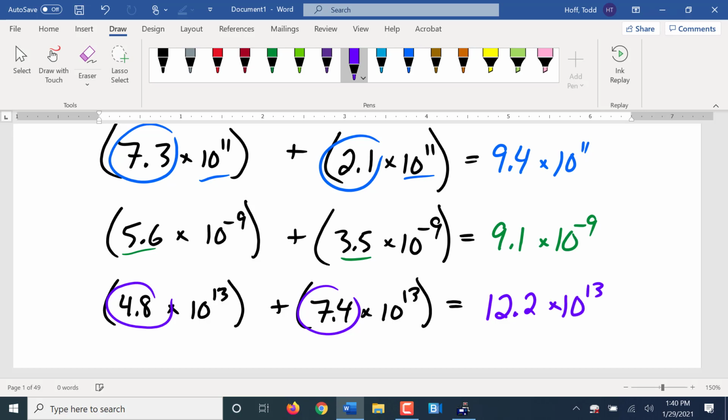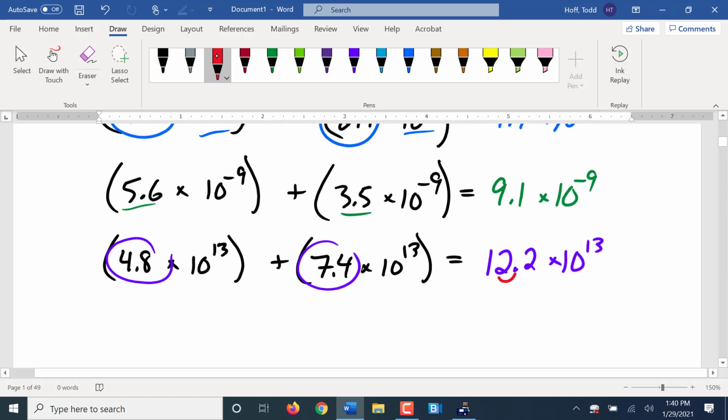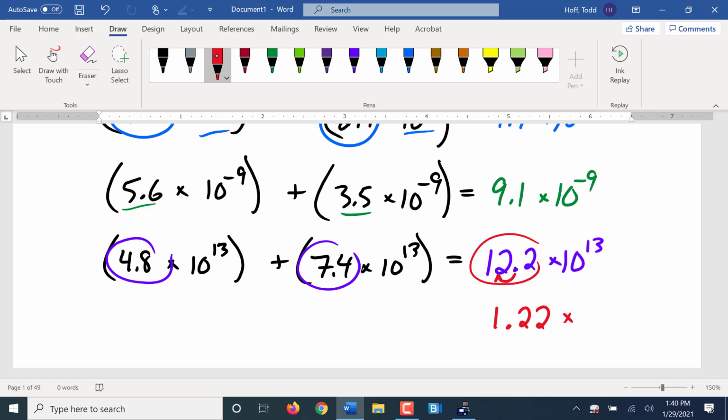We still keep the same name. However, when we get to this point, we see that there's a problem. Scientific notation can only have one digit in front of the decimal point. We have 2 right now. So we have to move that over to make it 1.22. This number got smaller by 1 place value, so our power of 10 has to do the opposite. It has to get larger by 1. So 13 plus 1 is 14, so it's 10 to the 14th.